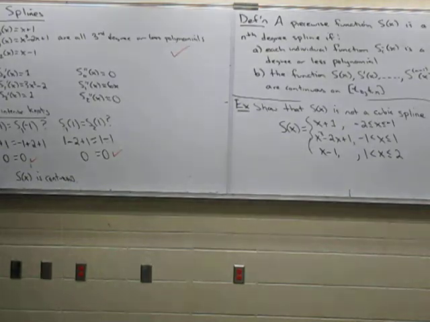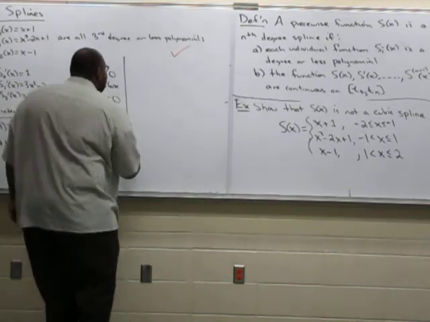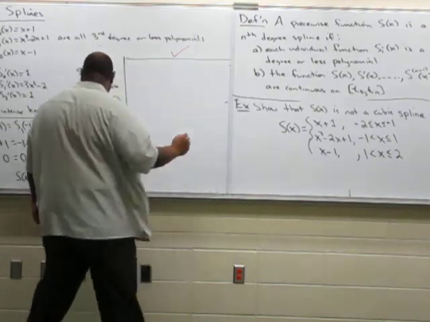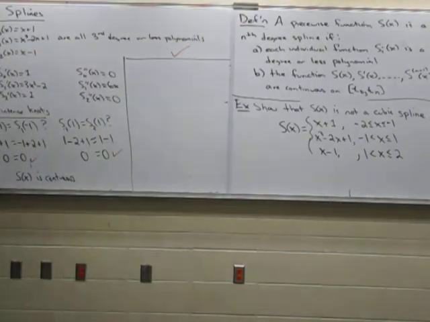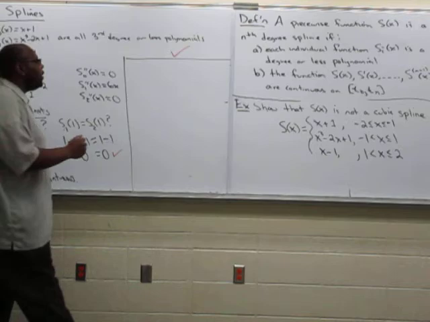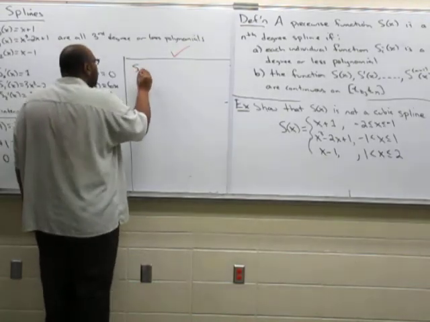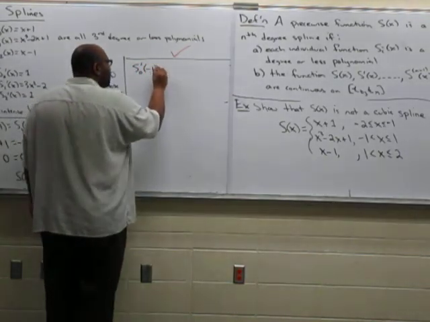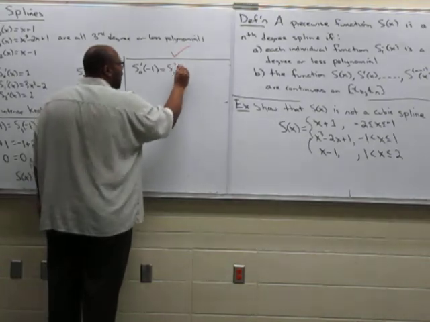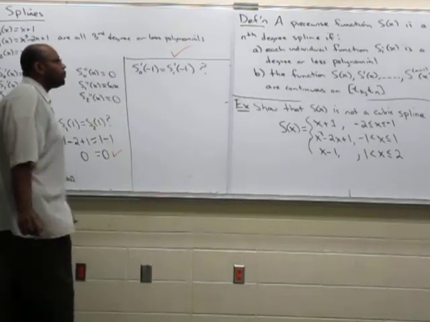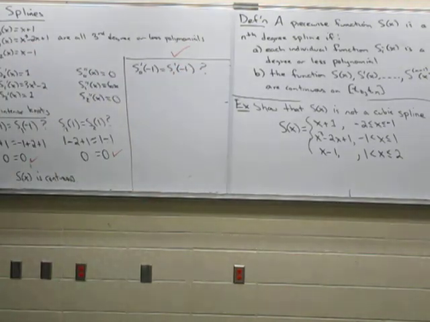No issues there. But what about s prime of x? Is that guy continuous? Well, we need to check the same thing again. What is s0 prime at -1? Is that equal to s1 prime at -1? So let's plug that in.